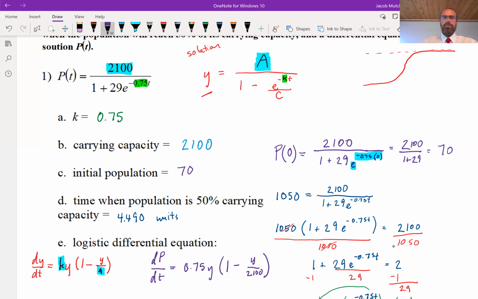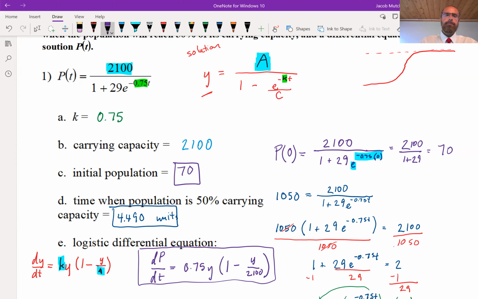And really with those two substitutions, that is complete. So I'll box that. Let me box these five answers that we found. We got the differential equation, the time when the population's at 50% carrying capacity, initial population 70, carrying capacity is 2,100, and the growth rate is 3/4.